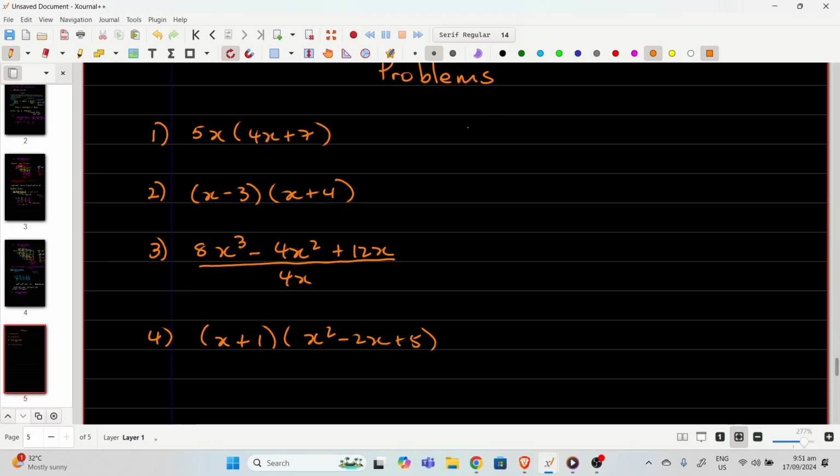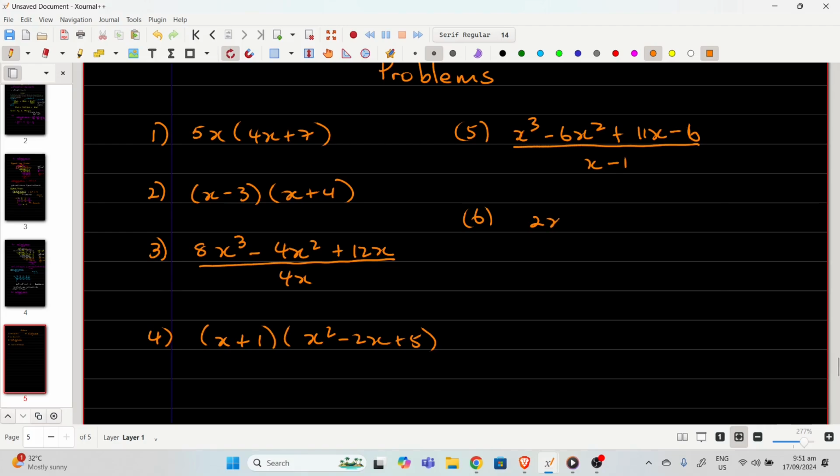Let's say number 5. Let's do another equation. 6x squared plus 11x minus 6 all over, let's say, x minus 1. This one you can use synthetic division on.